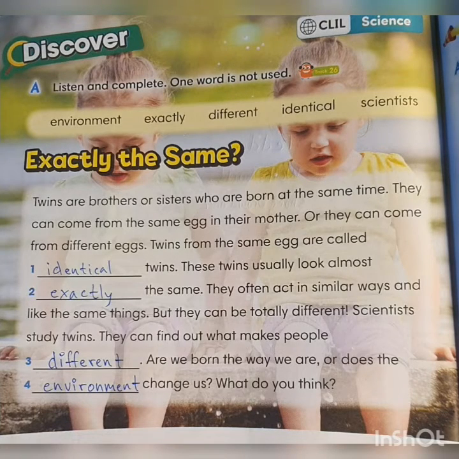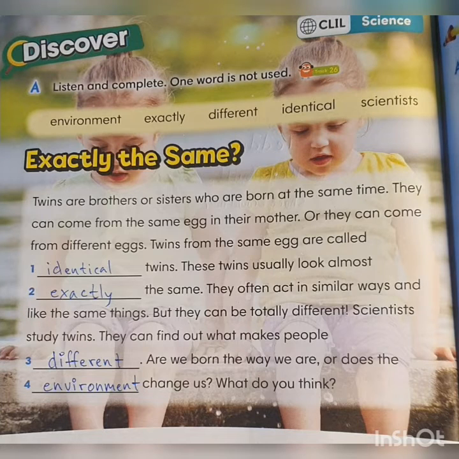Twins are brothers or sisters who are born at the same time. They can come from the same egg in their mother, or they can come from different eggs. Twins from the same egg are called identical twins. These twins usually look almost exactly the same.